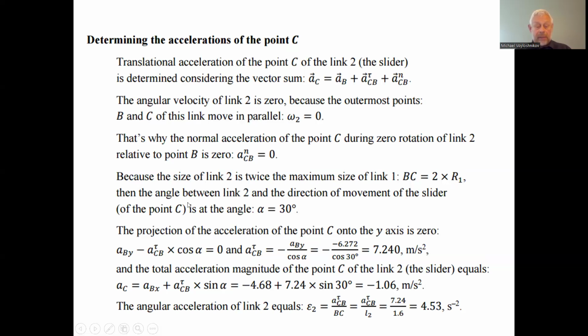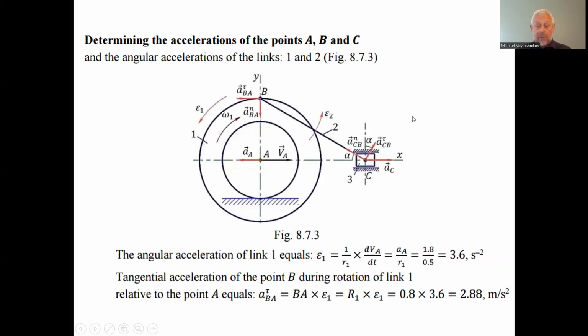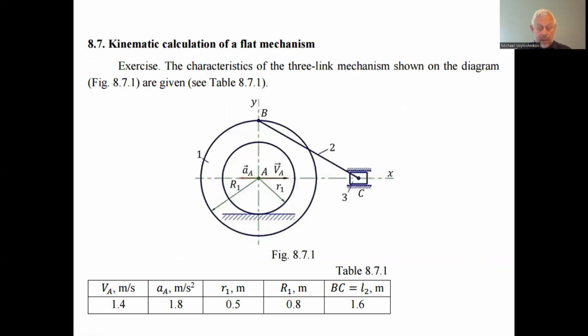Then the angle between link 2 and the direction of movement of the slider at point C is 30 degrees. Let me look a little bit again. Okay, yeah.